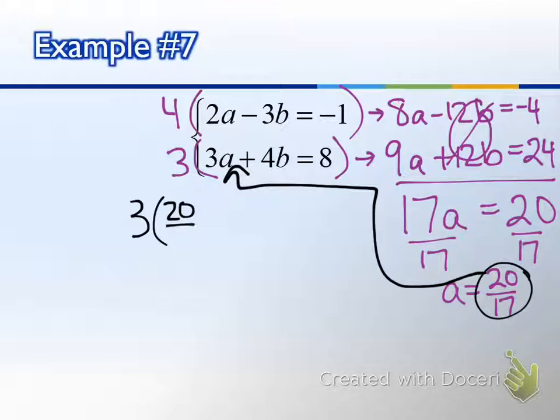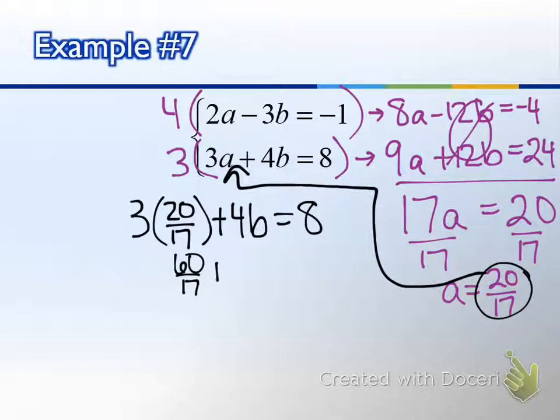We have 3 times 20 over 17 plus 4b equals 8. 3 times 20 over 17 is 60 over 17. I would recommend leaving these as improper fractions for right now. So just 60 over 17 plus 4b equals 8.